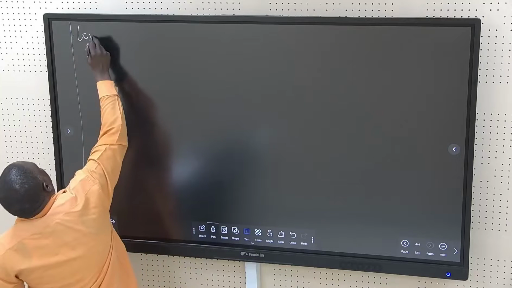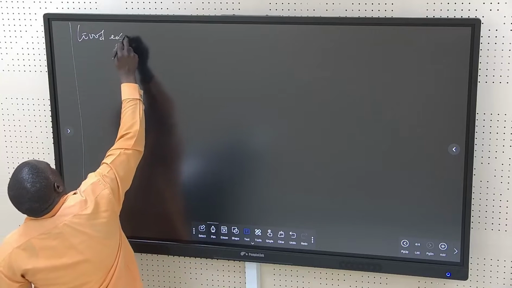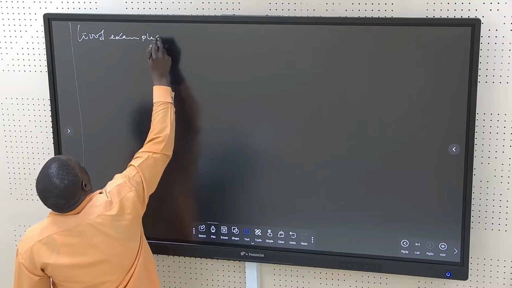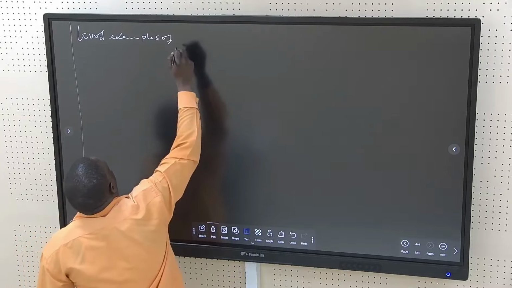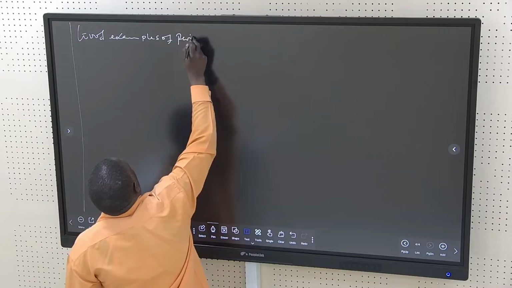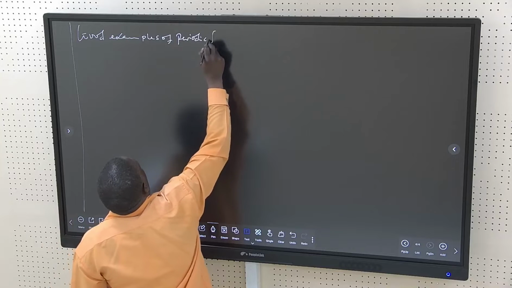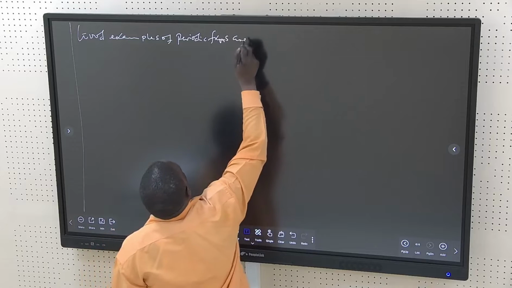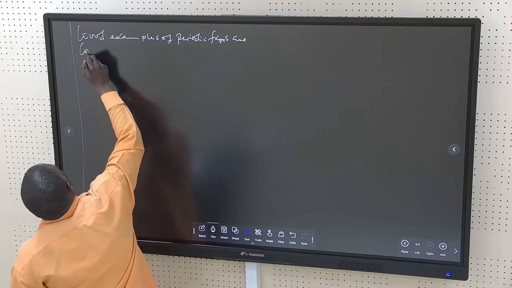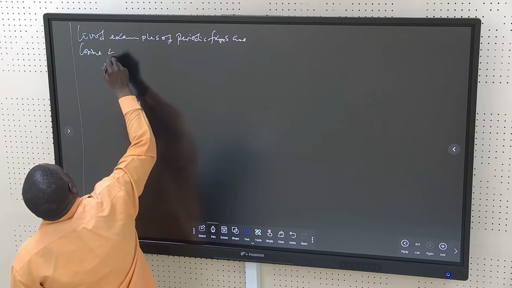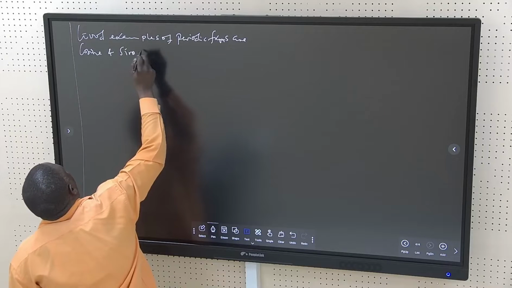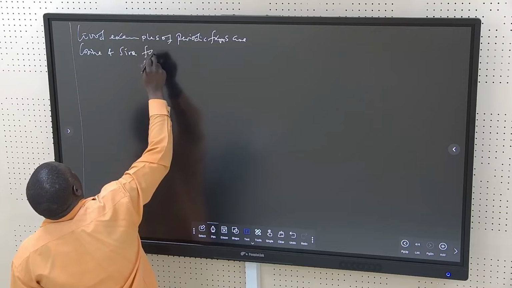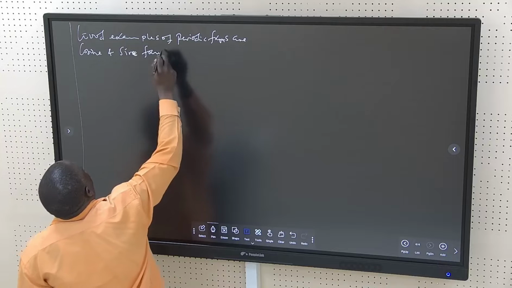Say good examples of periodic functions are cosine and sine functions.